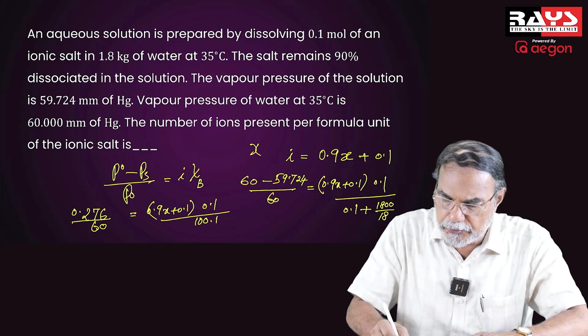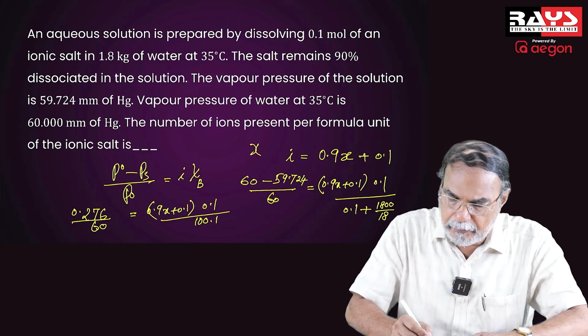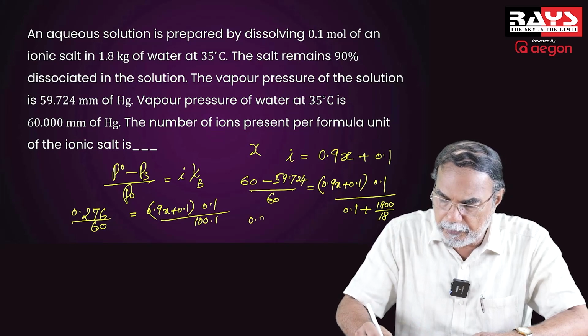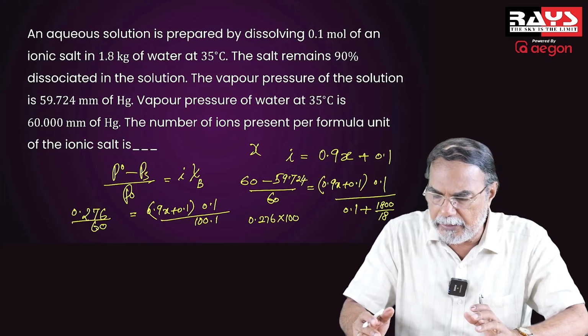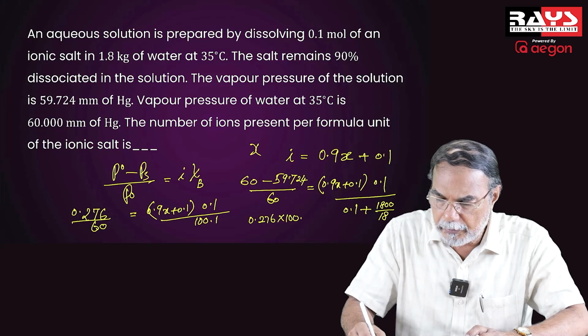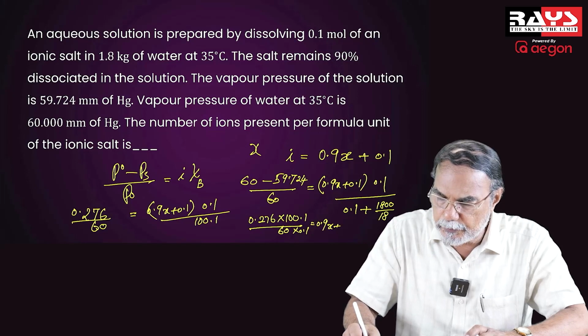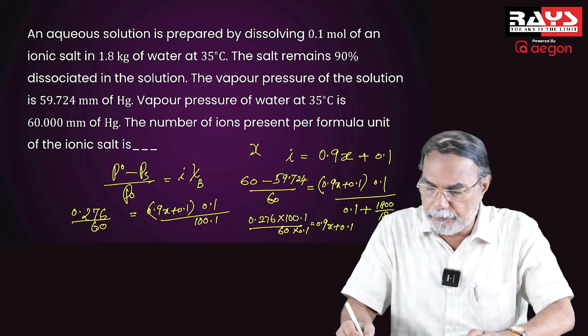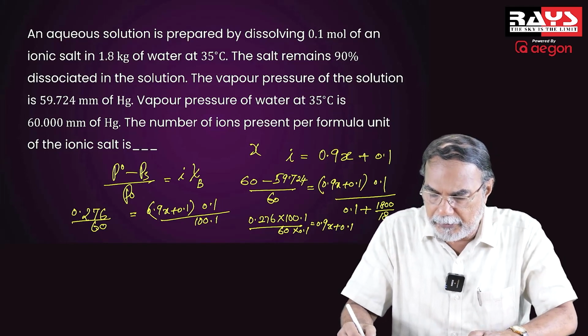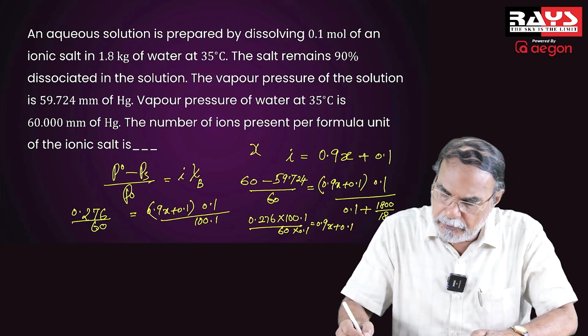So if you bring this 100 to this side, what you get is 0.276 into 100. Or to be exact, it is 100.1 divided by 60 into 0.1 is equal to 0.9x plus 0.1. So that's the result that you get, and from this you can calculate the value of x, and you will get the value of x as 5.